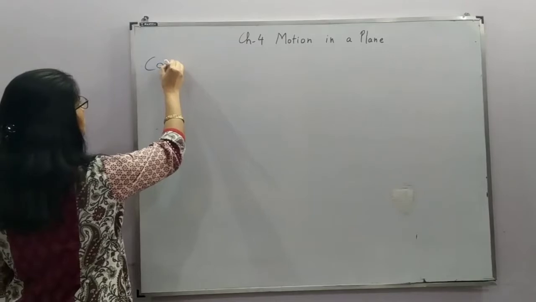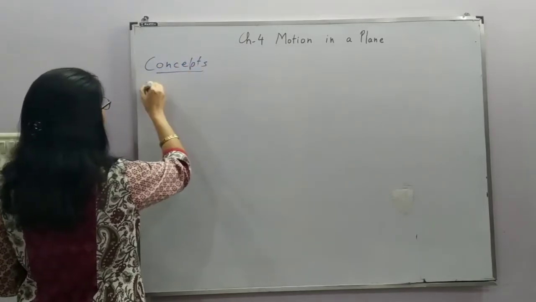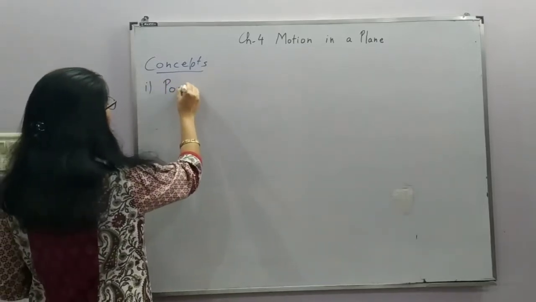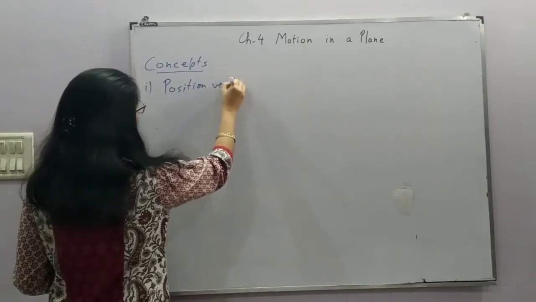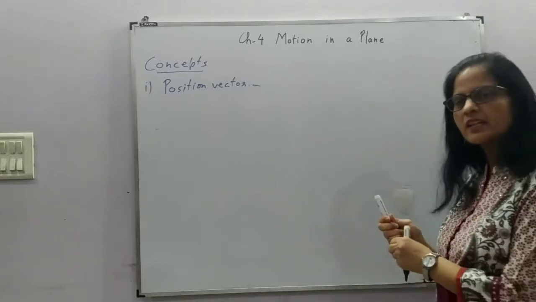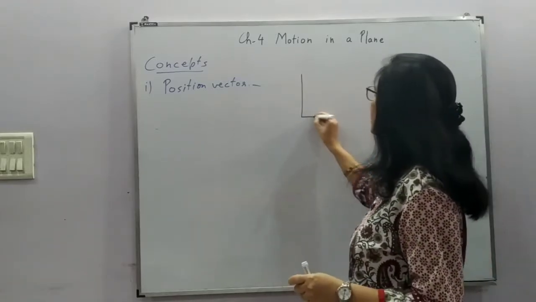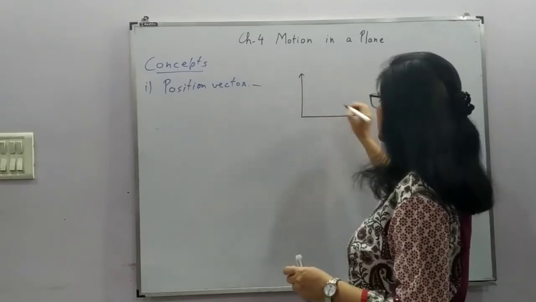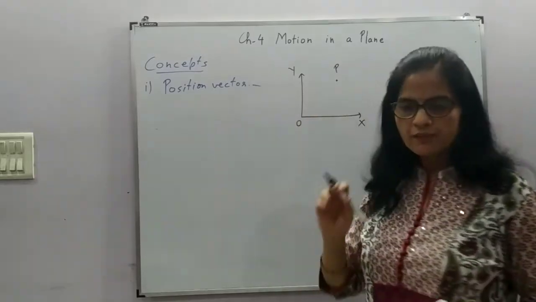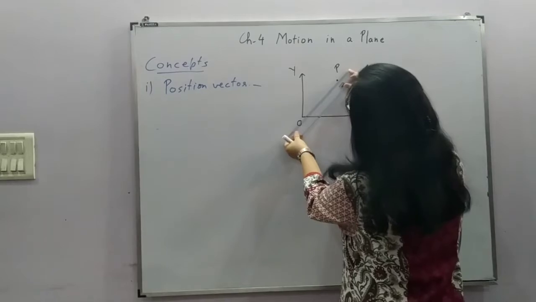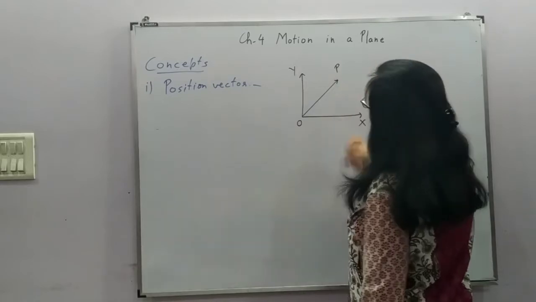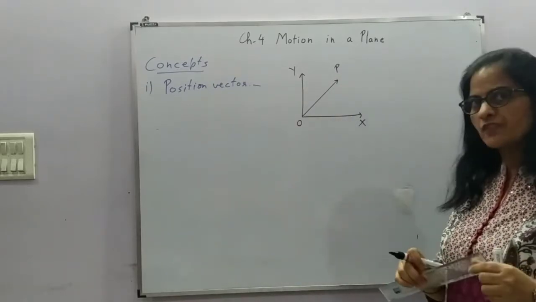So first is position vector, right? If we are given a point whose coordinates are given, we have studied in mathematics, if you have a coordinate plane, xy plane, and if this is the point P, right? This is origin O. If we join these two, then this vector joining the point P is called as position vector of point P.